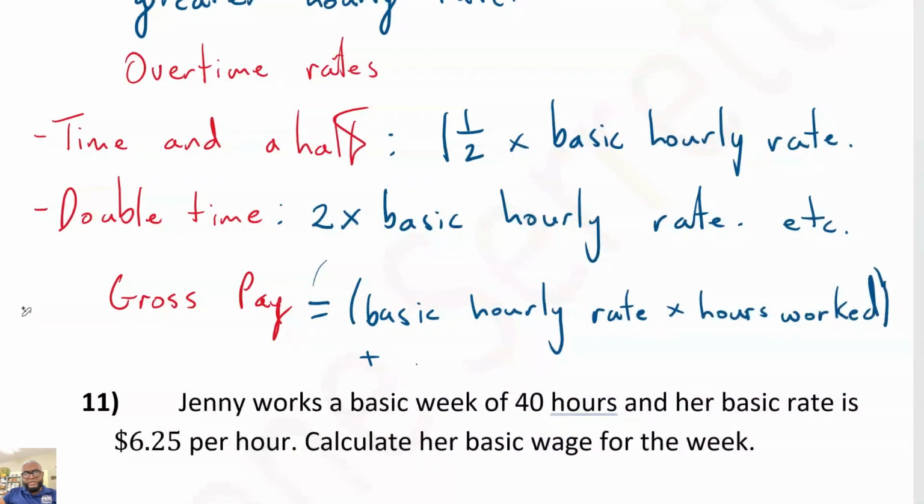Plus your overtime wage. But you have to calculate your overtime wage also, right? So most of the time you have to calculate your gross pay before you can even roll into finding your net pay. So write this down and we're going to jump into our first question.